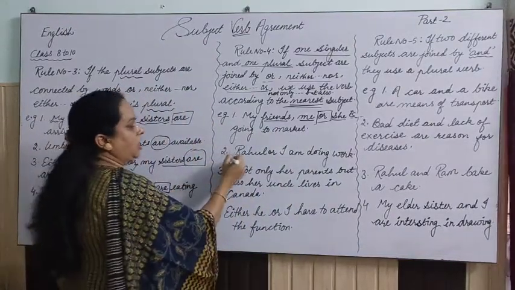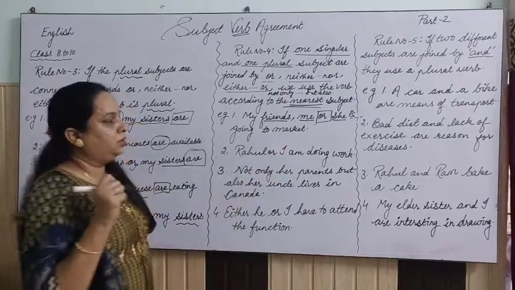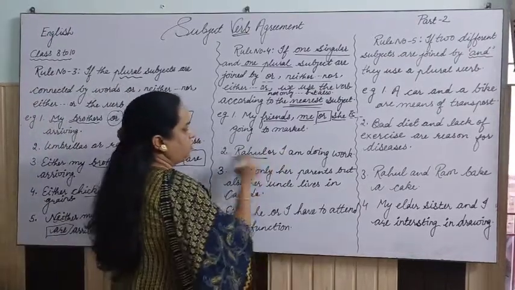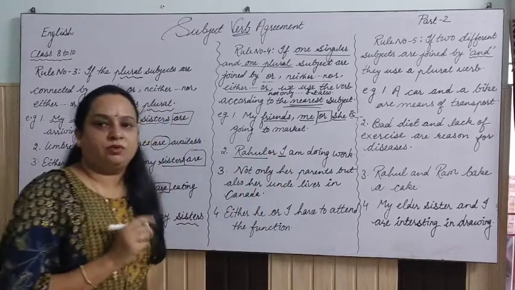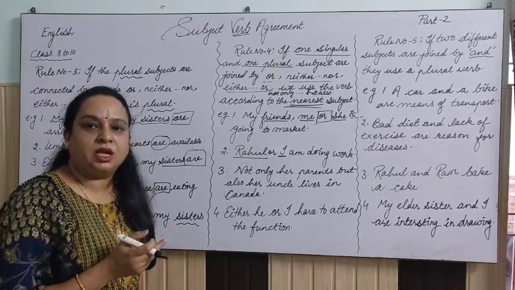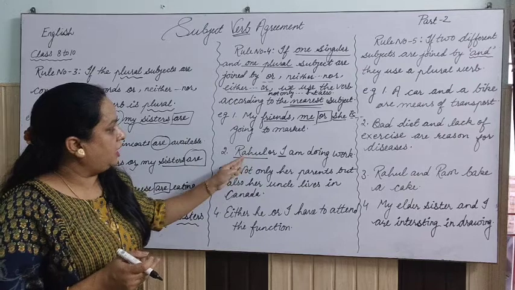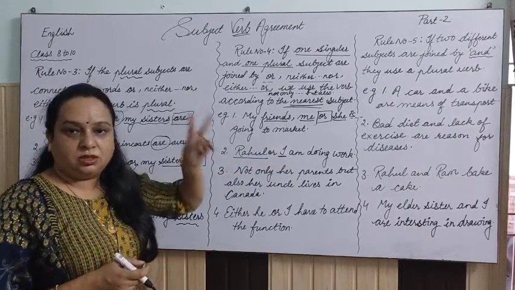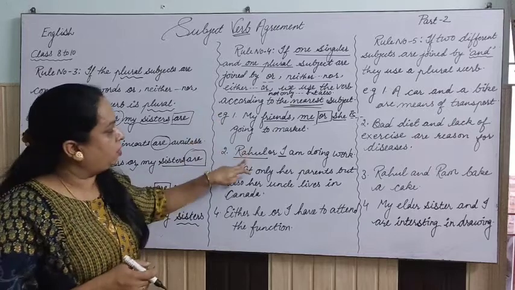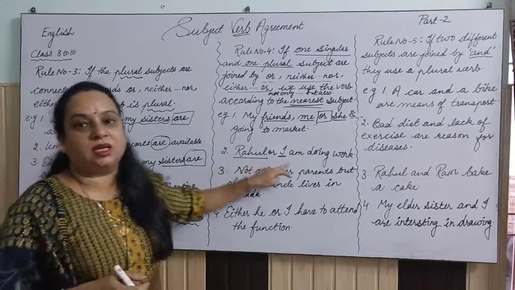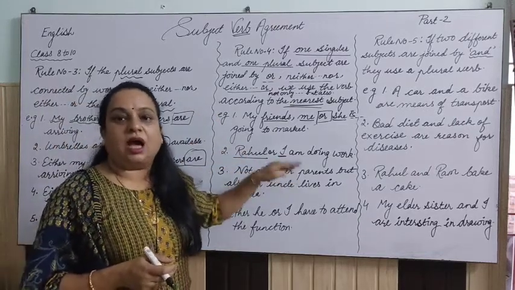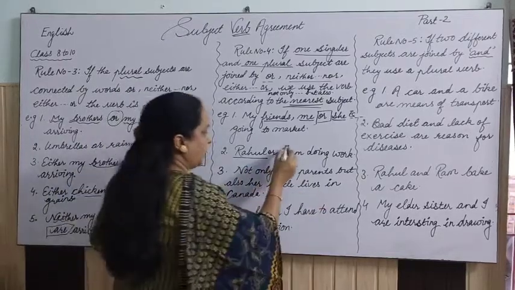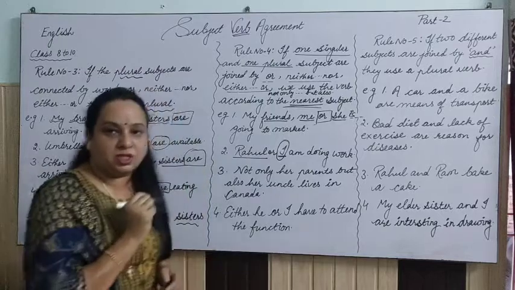Once again, Rahul or I am doing work. Here what is there? Rahul singular, I what? With I what do we have to attach? Am. Actually it should be Rahul or I, means subjects are two here, but one is Rahul, that is singular, and second one is I, right. With I we have to use am. So I is the nearest subject here.